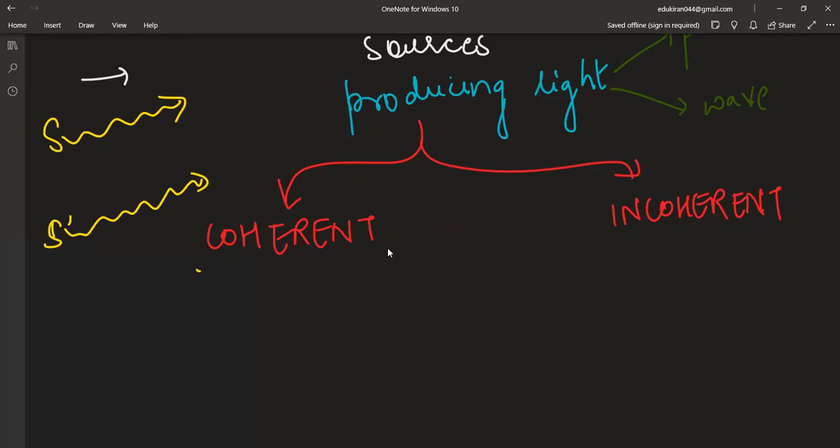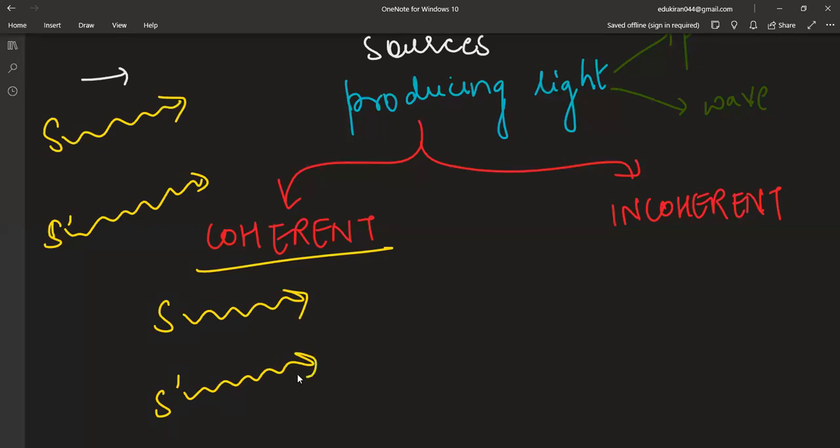So if both of these sources, S and S dash, are emitting their own specific waves, which are continuously emitted, suppose this has frequency, let's say nu, which is 5 hertz. This also has frequency 5 hertz. And see, both are exactly moving and overlapping each other.